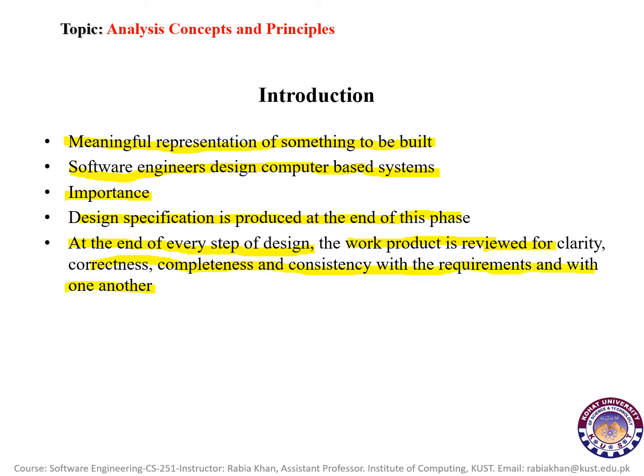So 4 different sub-phases of design are there and 4 different designs are generated. These designs are reviewed to clearly understand the requirements placed by the customer. And those designs are also checked with one another in order to observe consistency among the different types of designs generated at the end of the 4 sub-design phases.